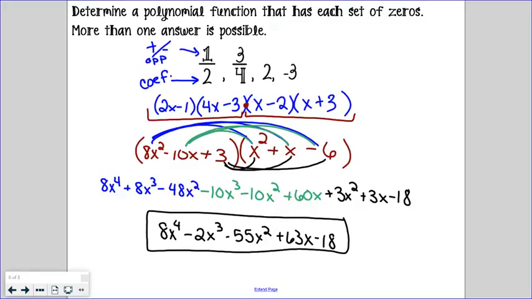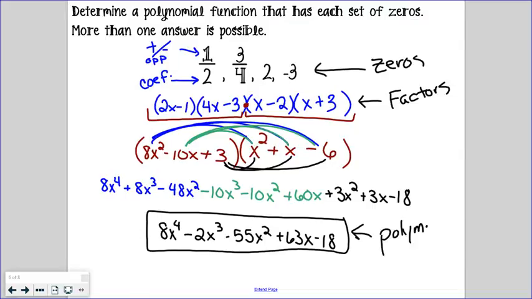I just want to stress again, I know I've mentioned that this chapter is hard, so just a reminder, when we are looking at this, you need to understand what is being asked of you. When you are looking at a list of numbers, those are the zeros of the function. When you are looking at the parentheses, those are the factors of the function. And when you are looking at it all multiplied out with individual terms, that is the polynomial.